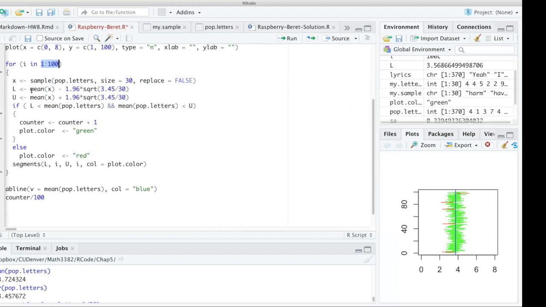I take the mean of my sample, go 2 standard errors below to get the lower estimate, and go 2 standard errors above, and then see whether or not that confidence interval actually contains the population mean. If my interval does contain the population mean, I'm going to color it green, and if it doesn't, it's going to be red.